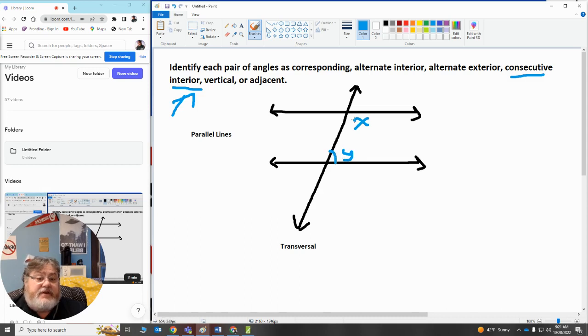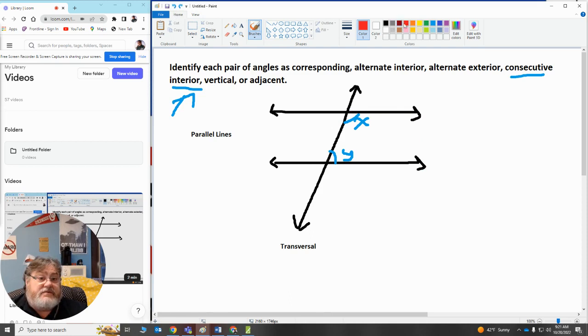Okay, now, but notice one thing, angle X, angle Y are consecutive interiors, and we're going to find out later that they don't have the same measure, okay? Now, one thing is common, if you look for either the letter C, if you can make a letter C or a horseshoe, it's probably consecutive if they are on the inside and on the same side as the transversal.